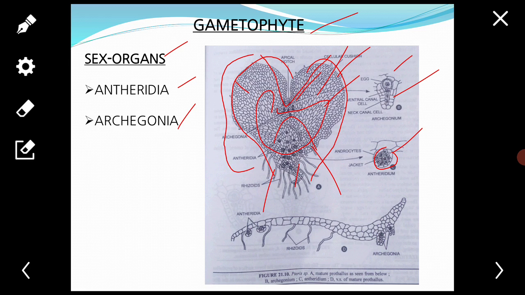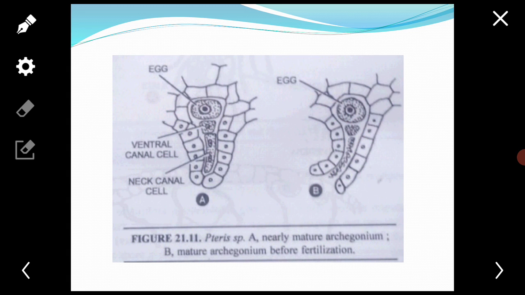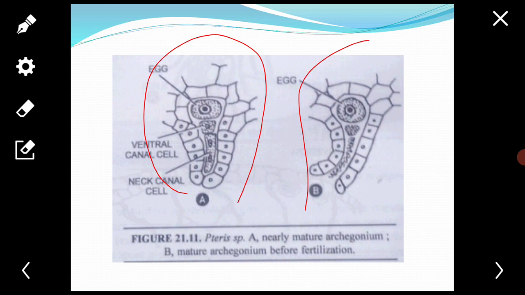Next, the archegonia. Archegonia are the female sex organs. They are placed on the ventral surface of the central cushion behind the apical notch. Each archegonium is embedded in the ventral side of the prothallus.